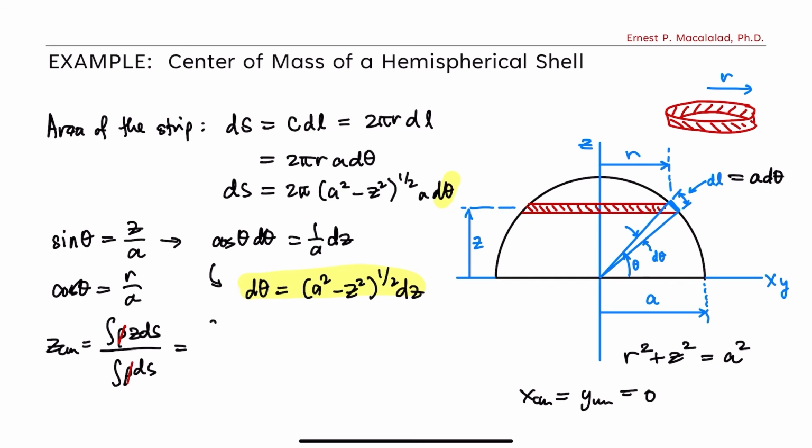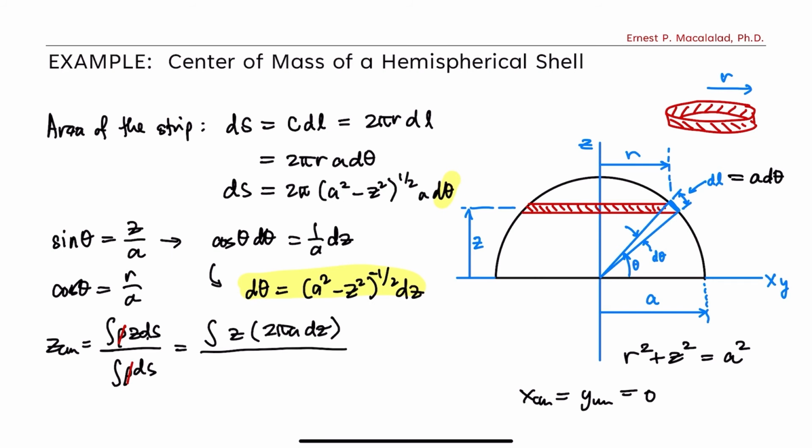So this becomes the integral of z ds, which would be 2 pi, sorry about that, this should be minus. So d theta would be 1 dz over r. That means this will cancel with this, and you're now left with 2 pi a dz.